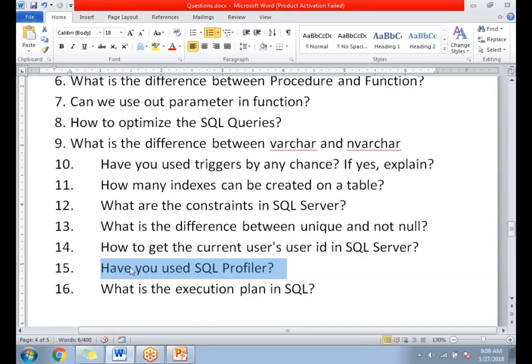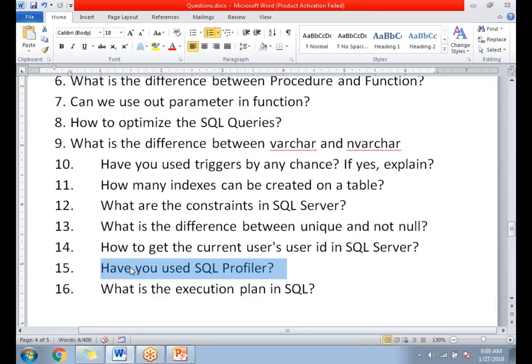If you want detailed information on the SQL profiler, let's check a video in my video collection. What is the execution plan in the SQL server? This is also one of the important facilities provided by Microsoft, which will help you observe the execution plan of a single query. Let us say there is a query: select star from employee where employee id equal to 10.